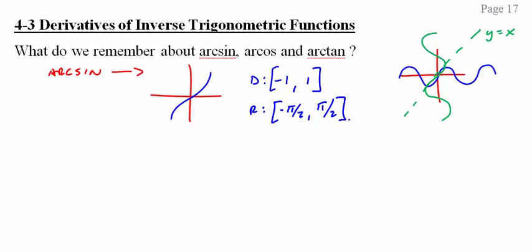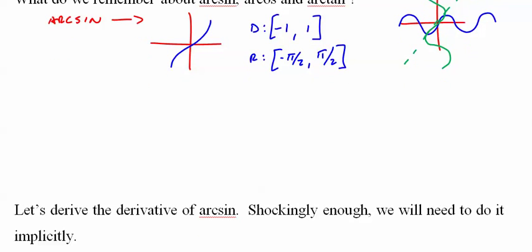However, it's only differentiable up to -1, not including -1, because that would be an endpoint. So these come in surprisingly handy. And the question is, how do we find the derivative?